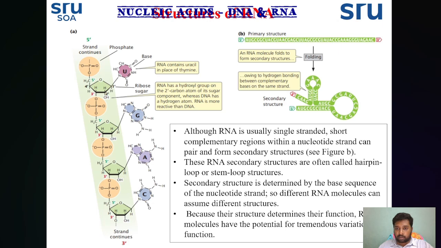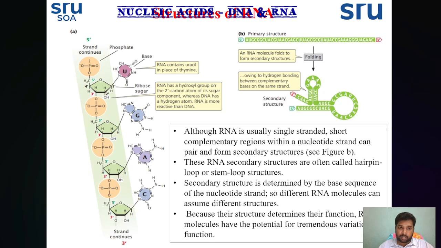When an RNA molecule folds, the structure looks like this. The secondary structure is determined by the base sequence of the nucleotide strand. So different RNA molecules can assume different structures, and their structure determines their function. RNA molecules have the potential for tremendous variation in function. These are the primary structure and secondary structure of RNA.